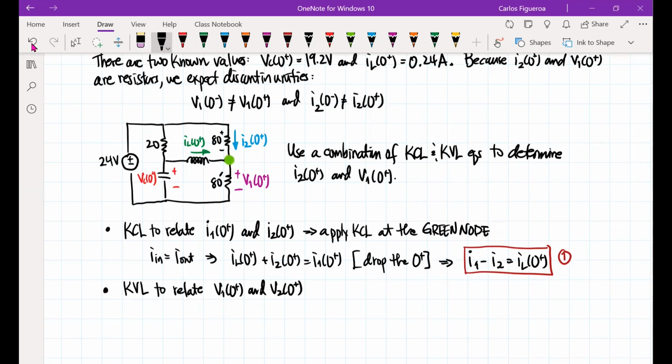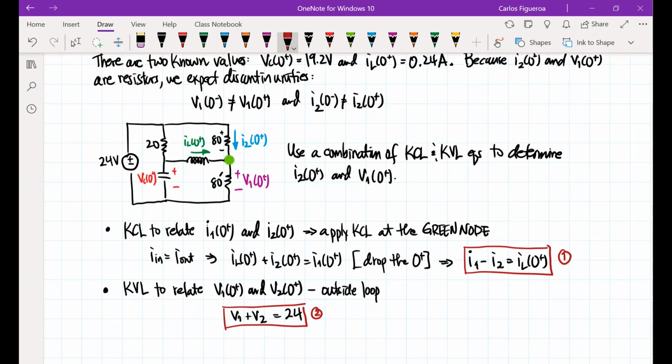Going around the outside loop, this tells me that V1 plus V2 is going to equal 24 volts. So this is my second equation.